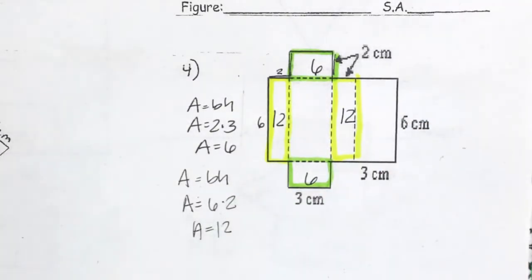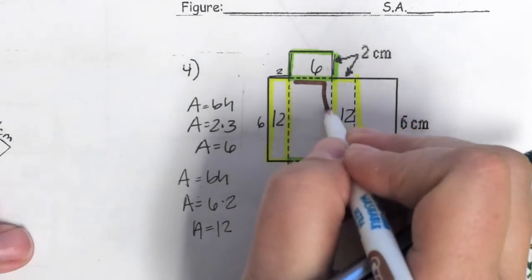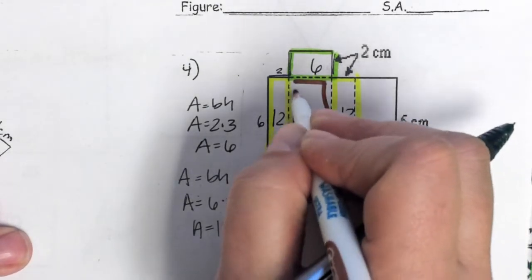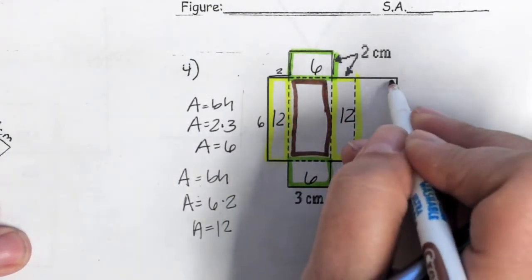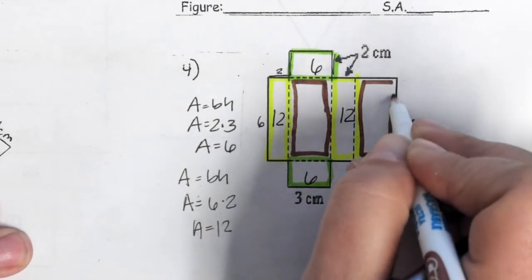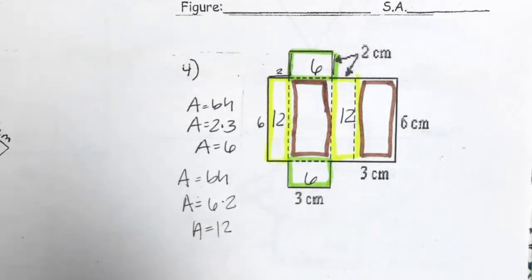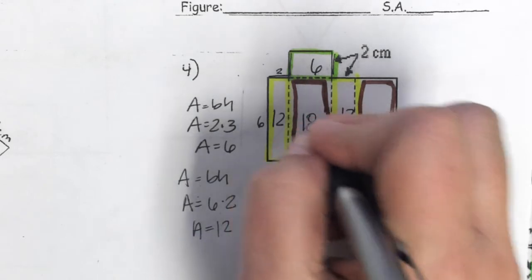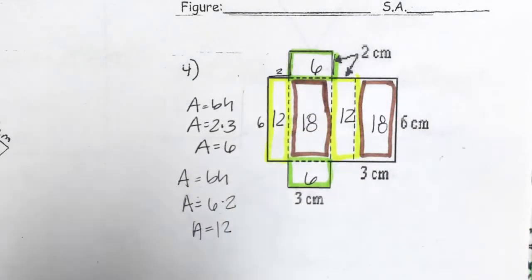And then the very last two that we have, 6 times 3. So what would be the area of those last two rectangles? 18. Okay. At this point, you can add them all together. With a rectangular prism, you will always have 3 sets of matching sides.